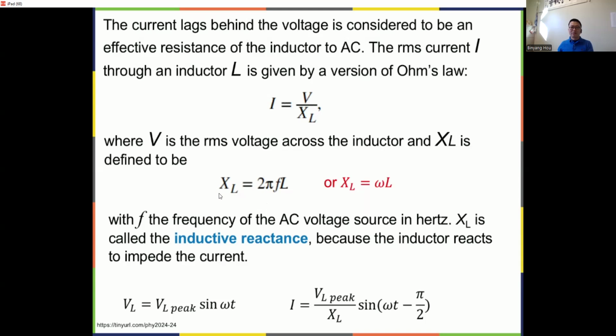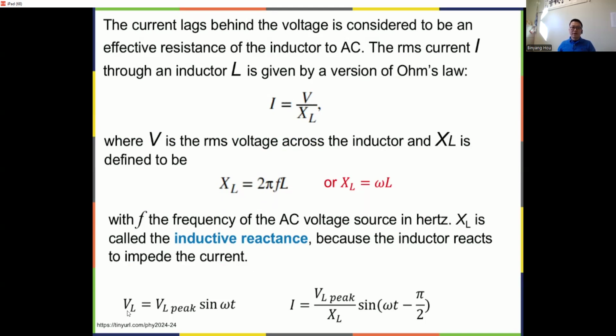And for the capacitor, it will be called capacitive reactance. All right. So the RMS current and RMS voltage are in a relationship similar in form to Ohm's law.